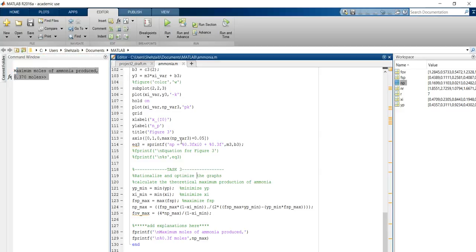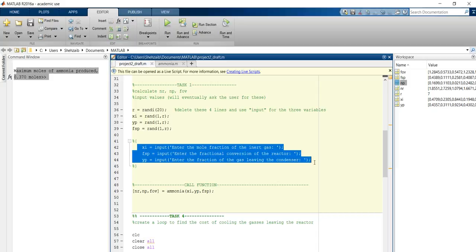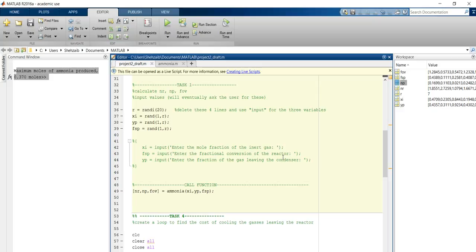So each time the code is run, the user will enter different values for these, and they will be able to see different graphs, and they will be able to find out how much ammonia they are producing by each value. So let's say we do another run.